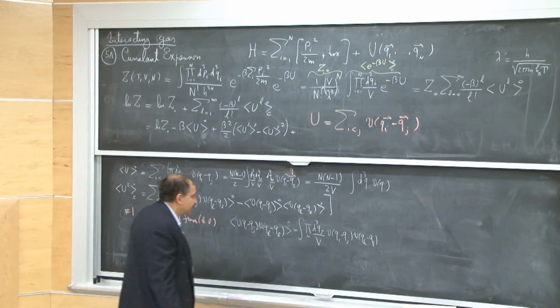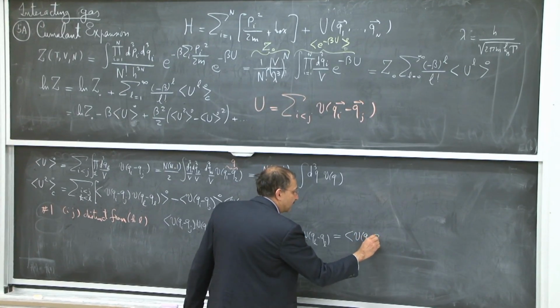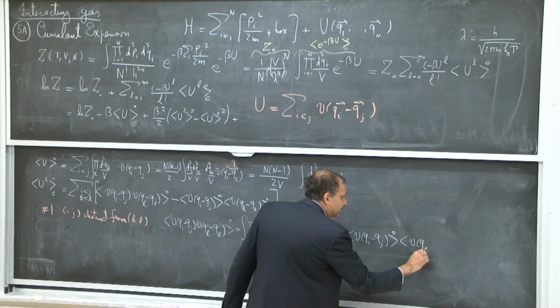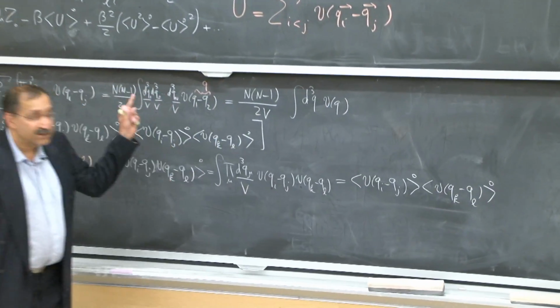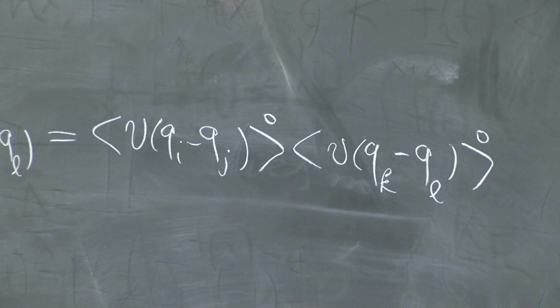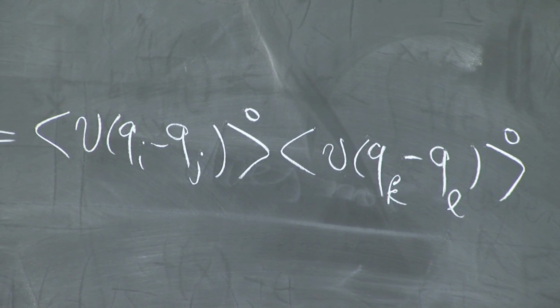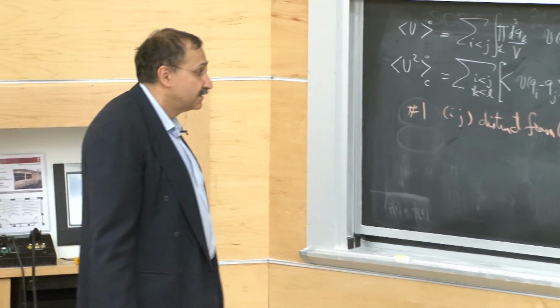So this answer is the same thing as the average of qi minus qj times the average of qk minus ql. Essentially, in the zeroth order probability that we are using, the particles are completely independently exploring the space, and these averages will independently rely on one pair and independently rely on another pair.